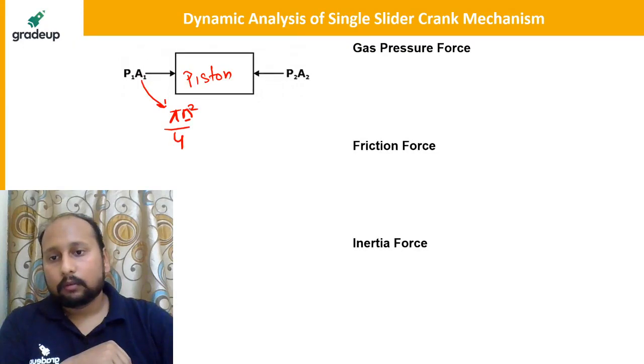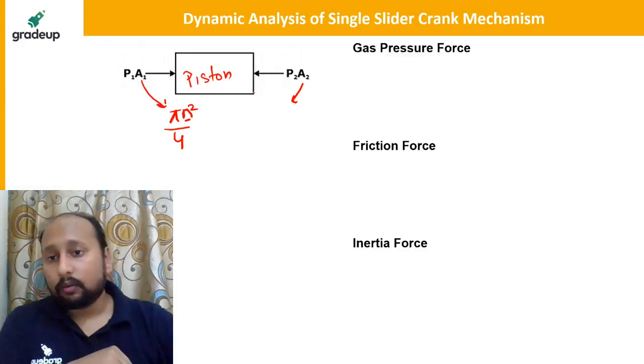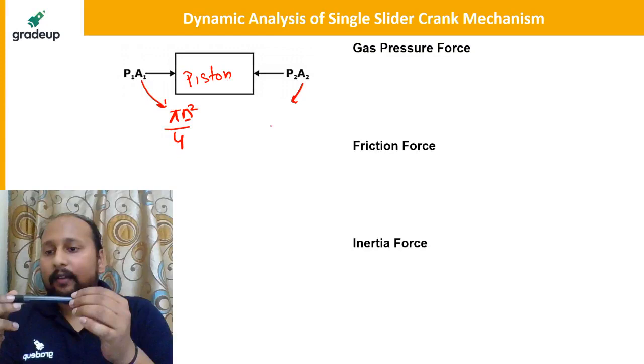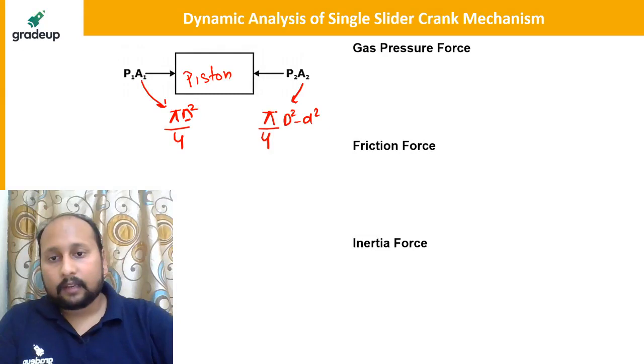Now A2 will be the net area, because at the end of the piston we have a connecting rod attached. So your net cross section area will be pi by 4 into (D square minus d square), where small d is the diameter of the connecting rod.